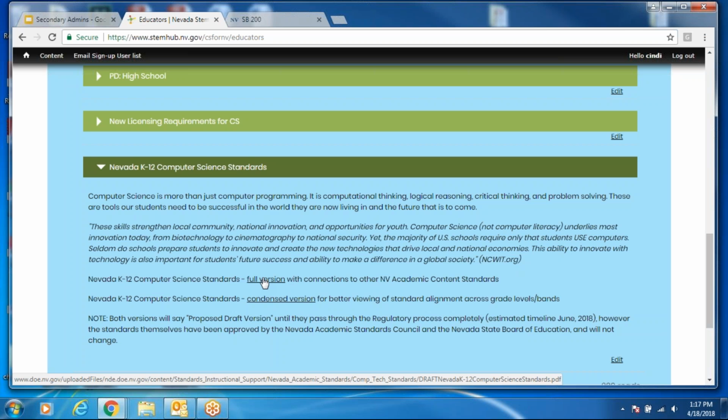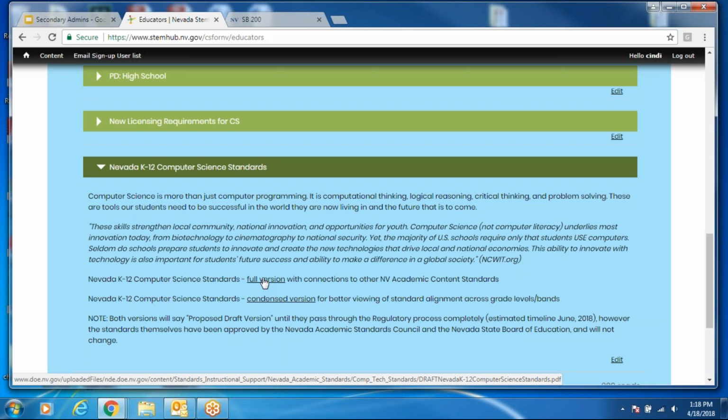So the way the standards are written is we have by grade level, K through 5, and then under each of those, they have the connections to math, ELA, science, and social studies. So particularly in the elementary grade levels where those teachers teach all subjects in the one class, this is very helpful for them to link what they're already teaching to the computer science standards.